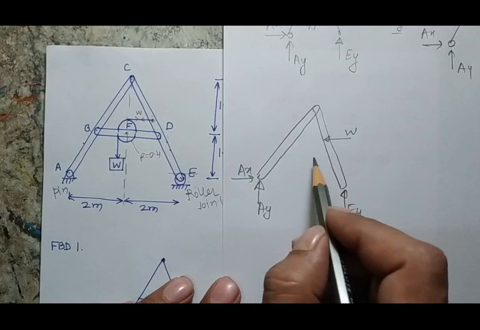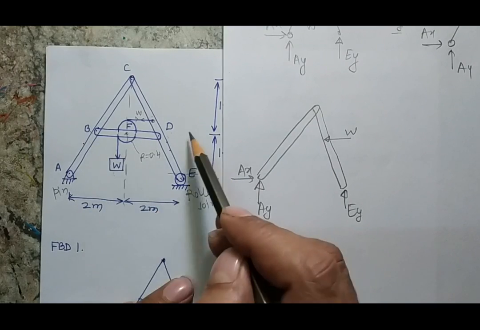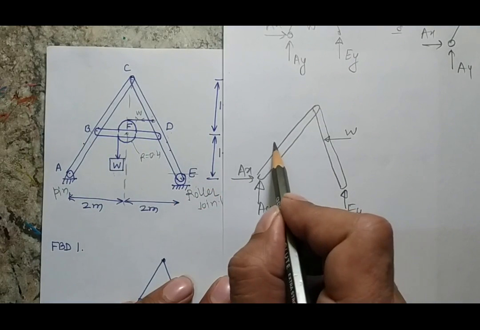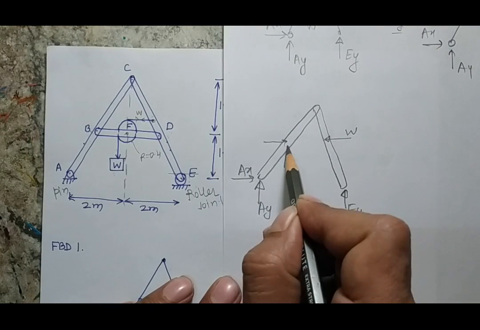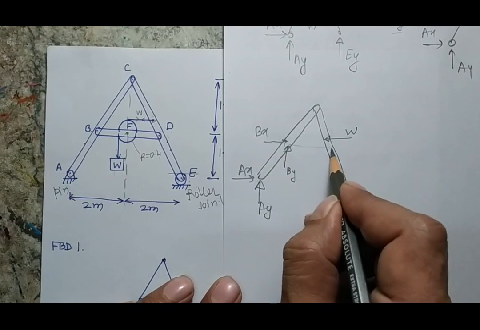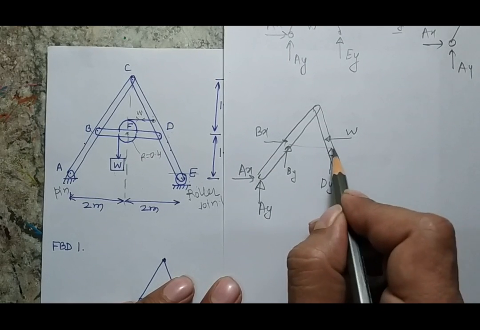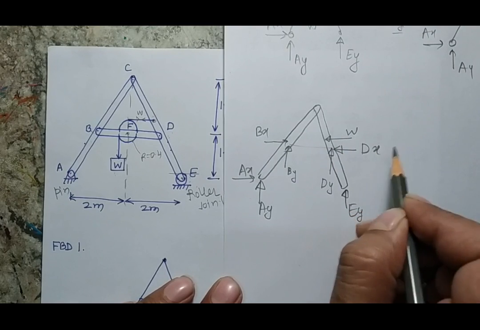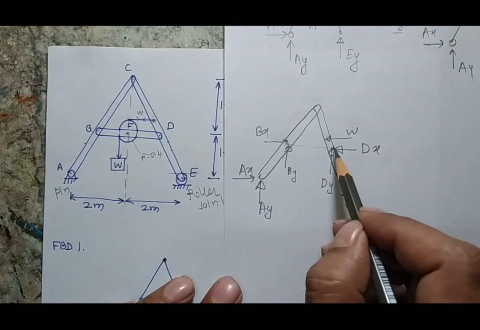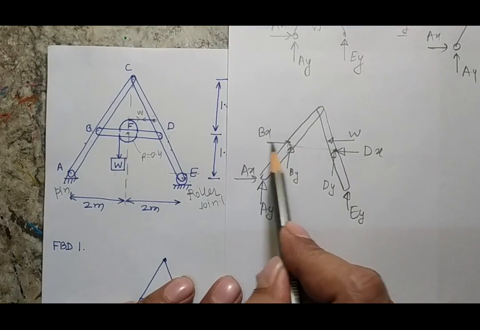Now I am not having any force because of the pulley, but the reactions at points B and D will take care of all the forces. I don't know the direction of BX. I am assuming two directions, BX and BY. Similarly, I am having force DY and this is my DX. First time I am making points B and D, so I am free to take any direction at points B and D, because these are two unknowns.